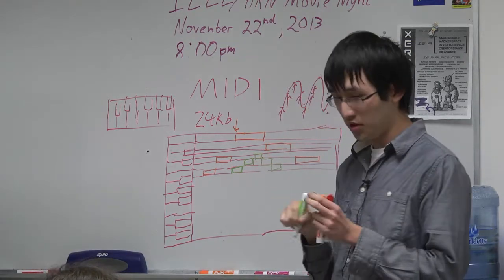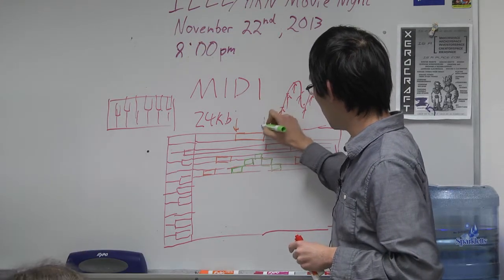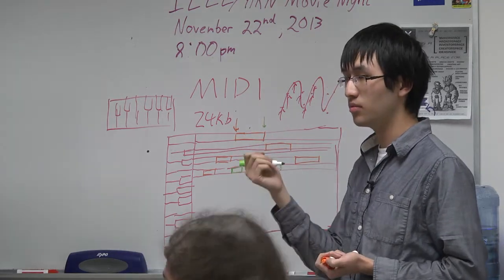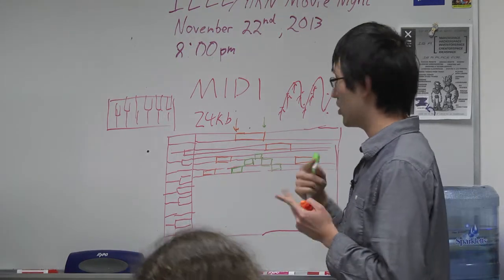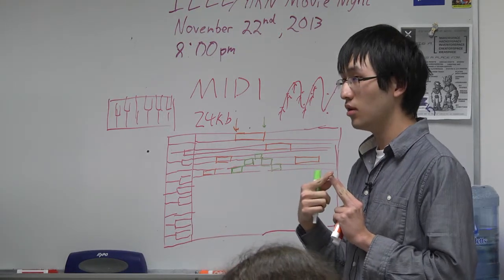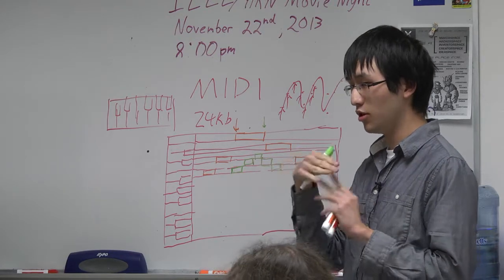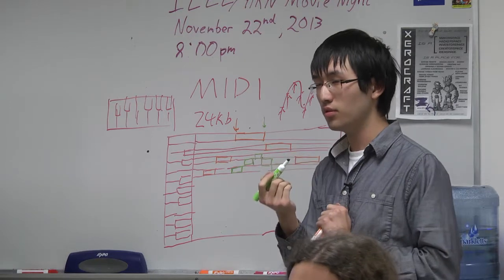So basically what MIDI does is it keeps track of where each note starts, where each note ends, and the velocity. Velocity is slightly different from volume. It's correlated with loudness, but it also correlates with the sound of the instrument.